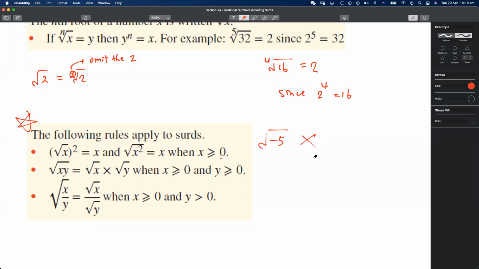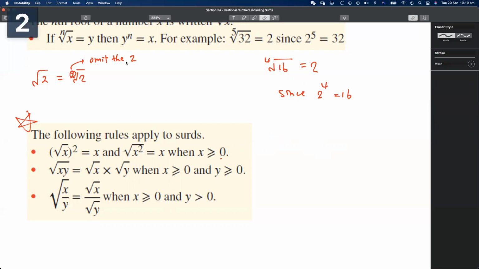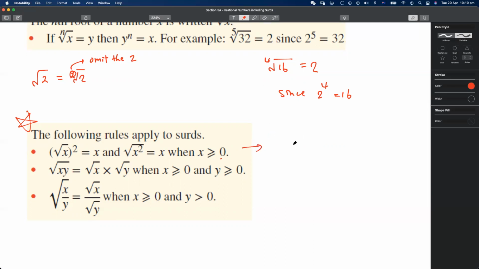All right, so let's have some examples of these rules. The square root of 3, squared, is just going to give you 3. Or the square root of 3 squared is going to give you 3 as well. Remember that, this is an important property.